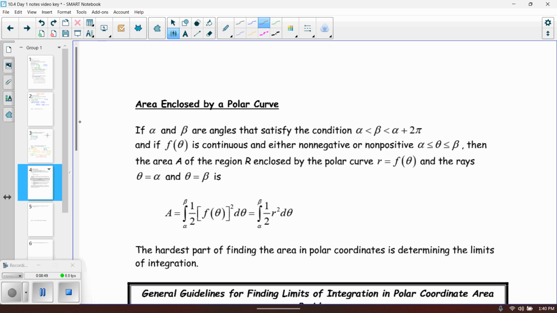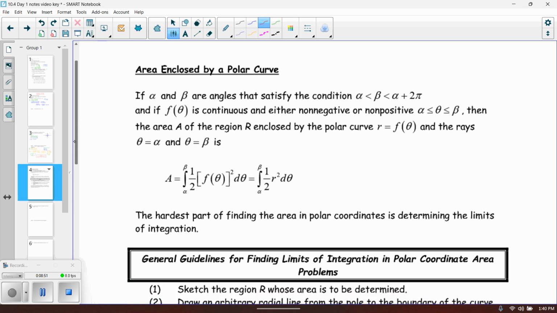Now let's talk about the idea of area enclosed by a polar curve. It's not much different than area between curves, except how we measure everything is going to be now based upon polar coordinates. So here's the general idea. The formulas down here are actually pretty easy overall.